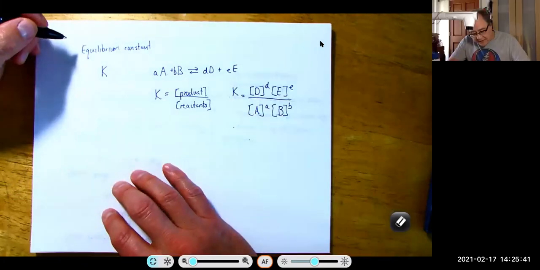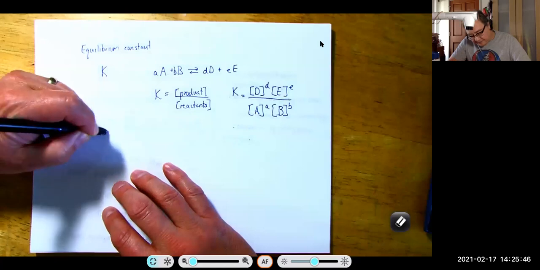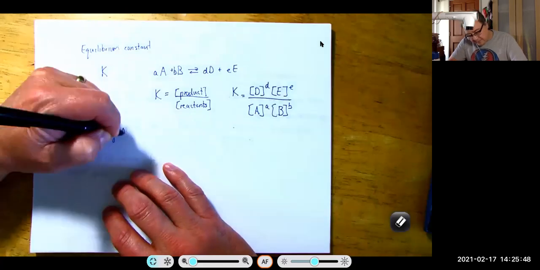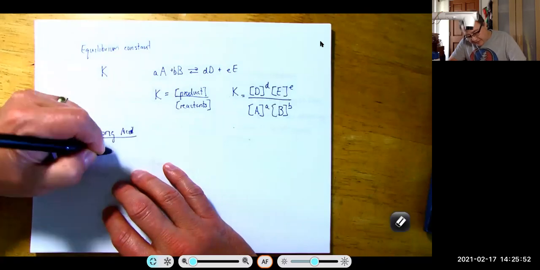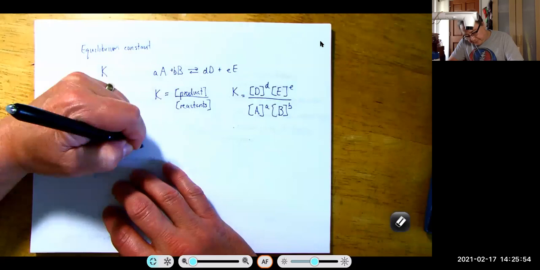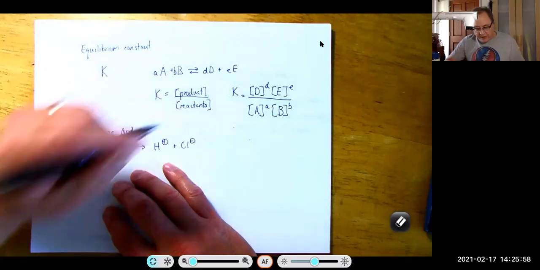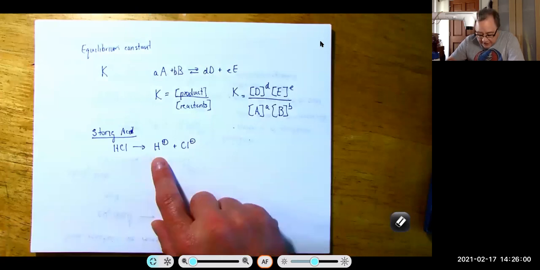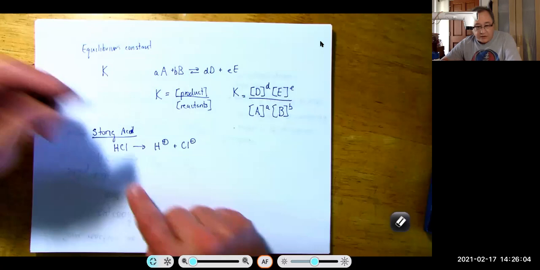Okay, so I want you to take a look at this reaction here for a strong acid, like HCl. So here, if you look at the products and the reactant, what are you going to have more of, product or reactant?